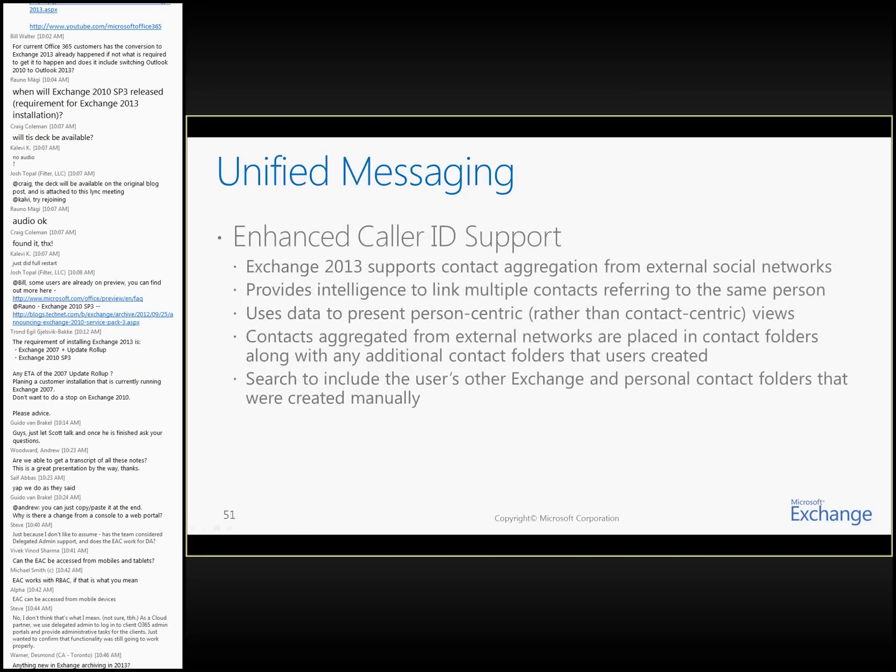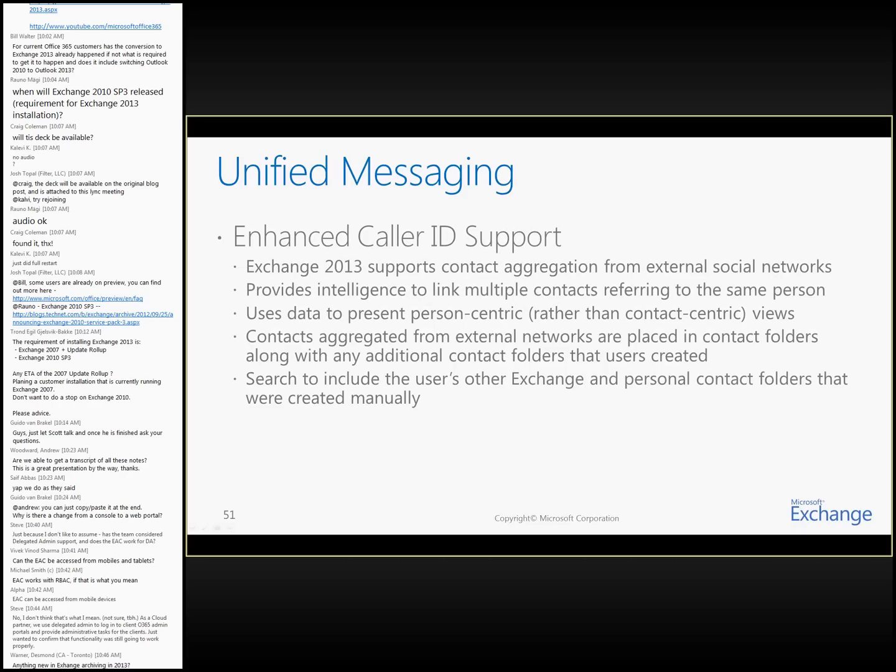Now, in previous releases of Exchange Unified Messaging, a UM server that took a call used caller ID to try to look up the identity of the calling party. So we've already talked about how users in Exchange 2013 can aggregate contacts from external social networks, or they may create their own contact folders.